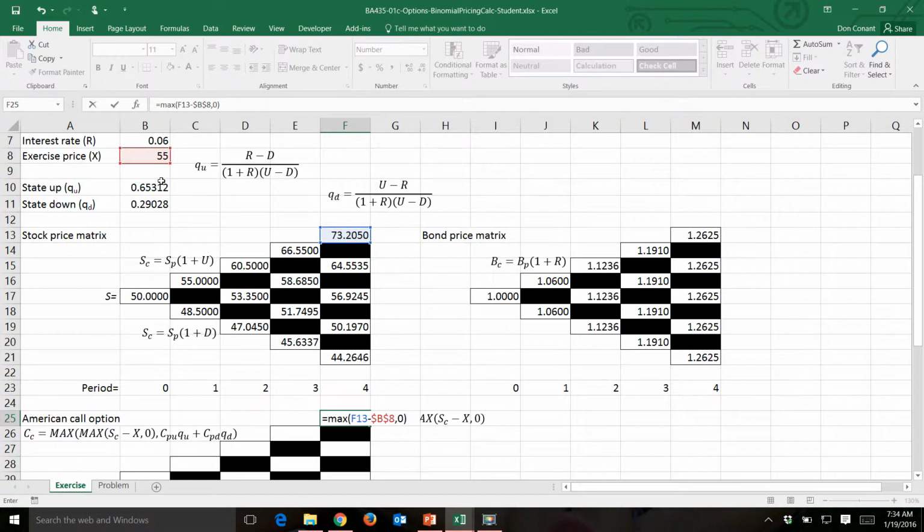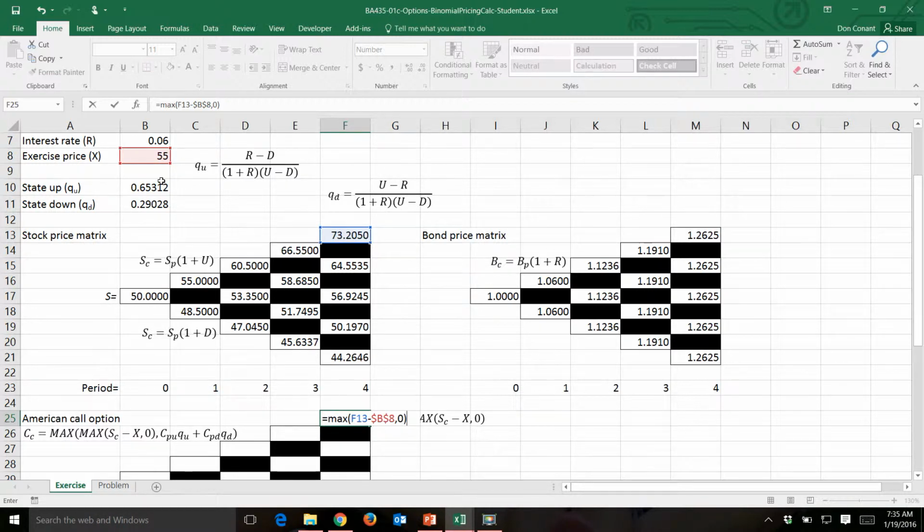So if it's a negative value, if the price of the stock in the current period is less than the exercise price, then who would want to buy the call option? They just go ahead and buy the stock that's already cheaper than the exercise price. So it's worthless at that point, so it would be 0.